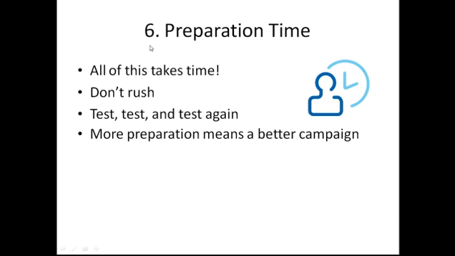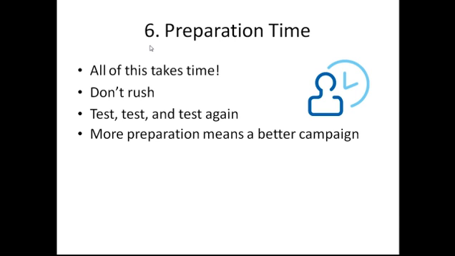And number 6, preparation time. All of this takes time, and rushing it or trying to get it done in a day or 2 days is the last thing that you should do. If you really feel you need your campaign to go out as quickly as possible, then try to schedule your campaigns in each quarter, each month.